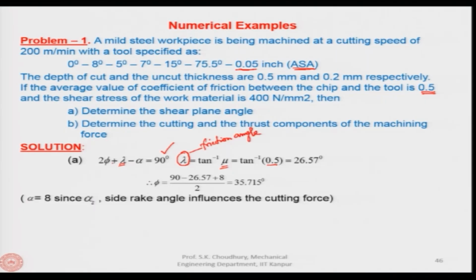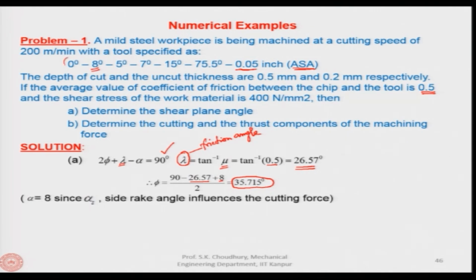So, from here we can find out phi. We found lambda as 26.57, and this is the rake angle. So, the rake angle is given as 8 degree.